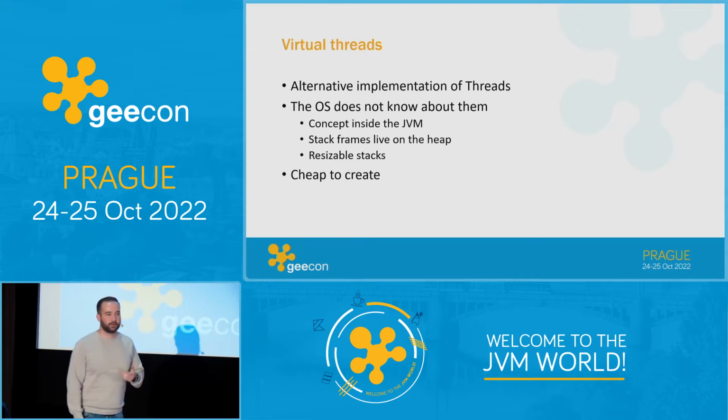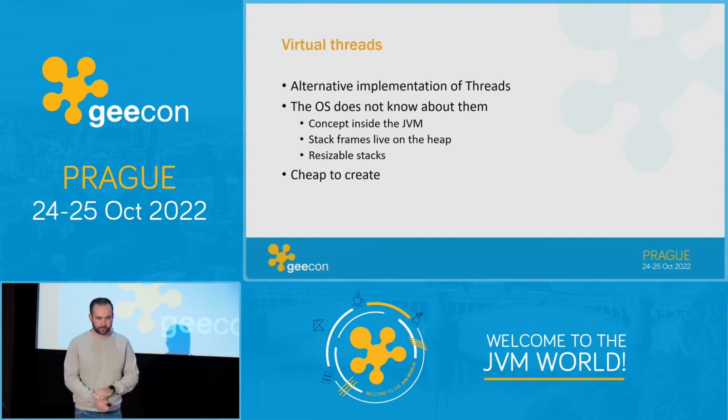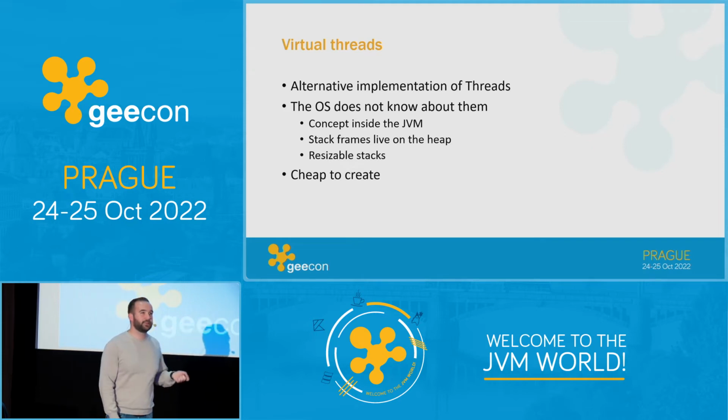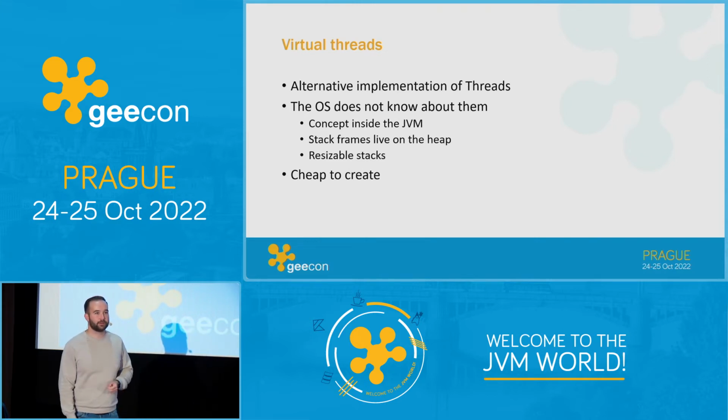So the great thing of doing it inside the heap is that it now can grow the stack frames, so the memory the thread uses can now grow and shrink as it needs to. But the thing to keep in mind is that now the stack frames live inside the heap. So if your stack frames grow, also your usage of your heap space will also grow.